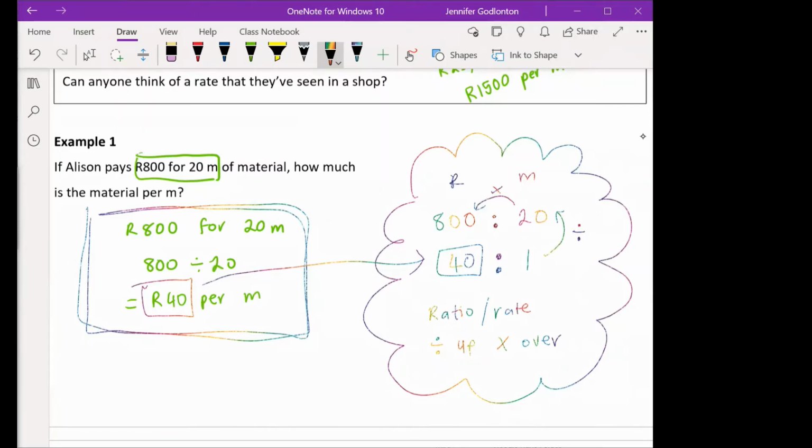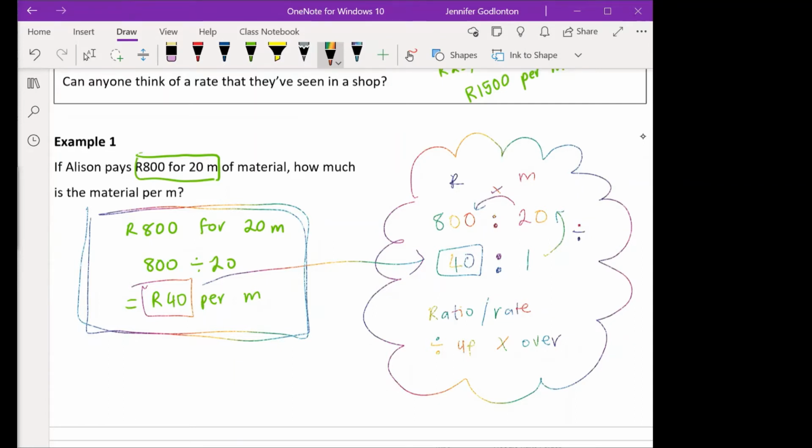Mr. Shongwe, did you have something to add? Yes. So I was saying, another way where this method is very applicable and very good for us to use is when they do not ask you for, let's say for this question, the length of material.